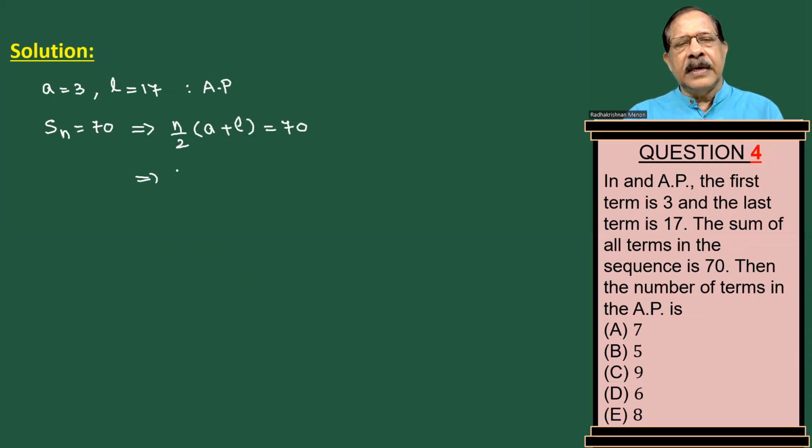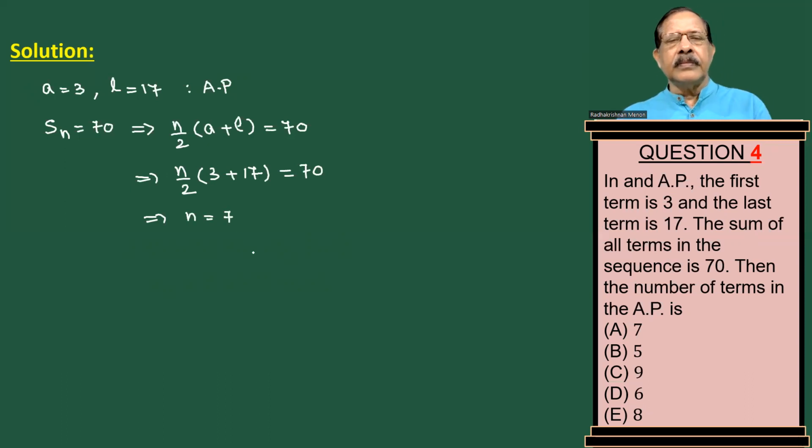So n by 2 into (A plus L), where A is equal to 3 and L is equal to 17, equals 70. Simplify this, and on simplification you will be getting n equal to 7. It is a simple question. The answer for that question is option A.